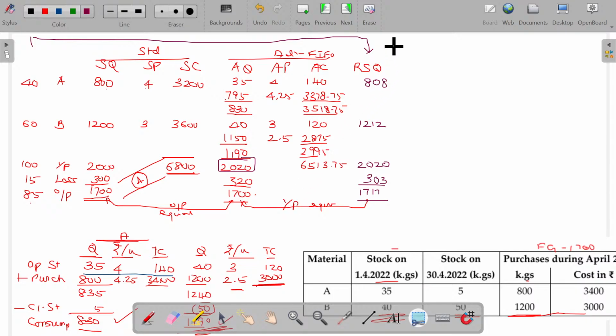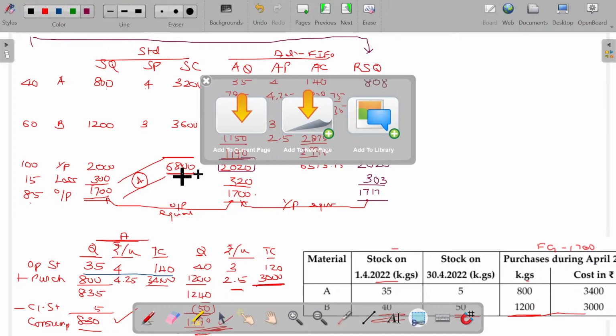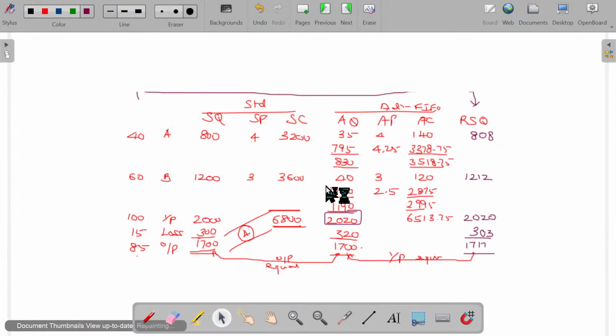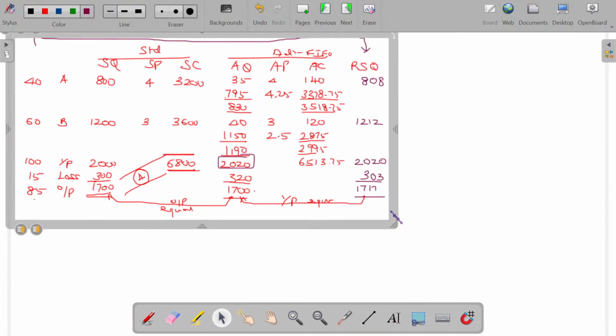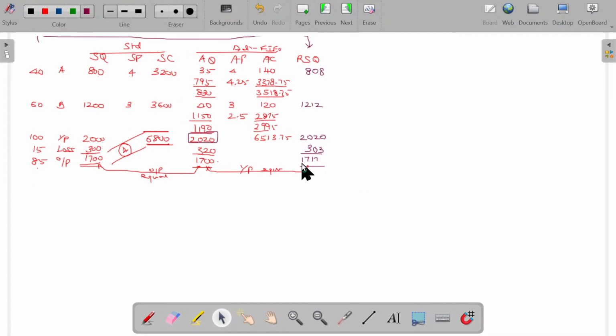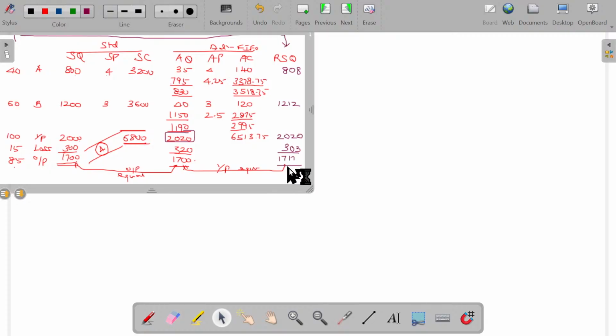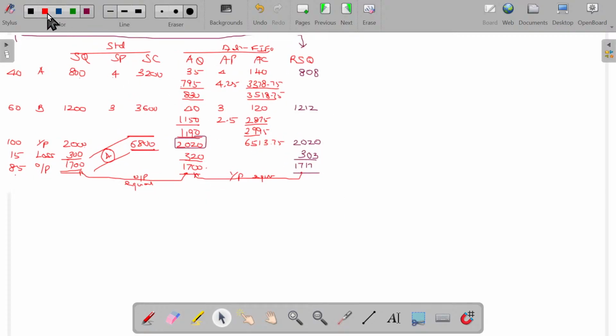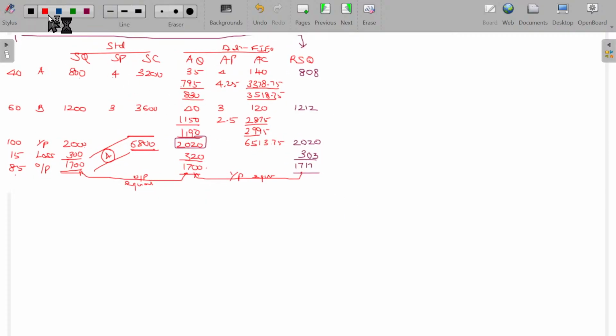Now, once you drafted this one, the rest will be very easy. Yes, come on. Calculate all the things one after one. First one being material cost variance.